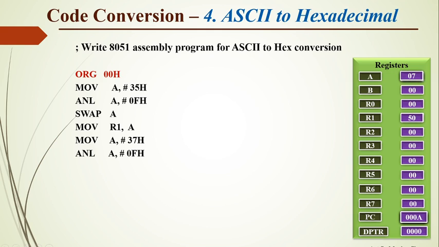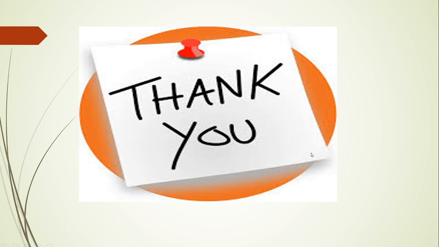We have to add this value with the content of R1, that is 50H, to get the result. In the accumulator we get the result, that is 57H. We are storing this value into R2. So the result of the ASCII to hex conversion is 57H. Thank you.